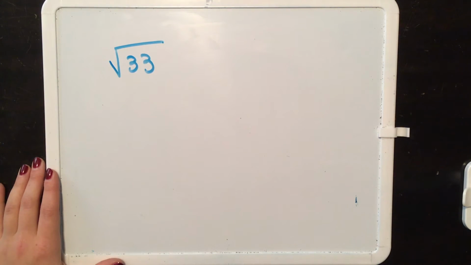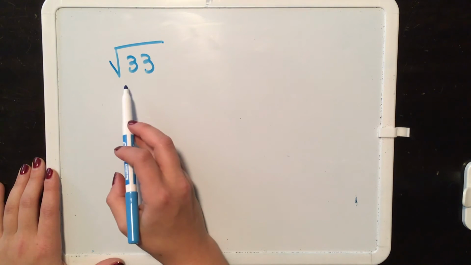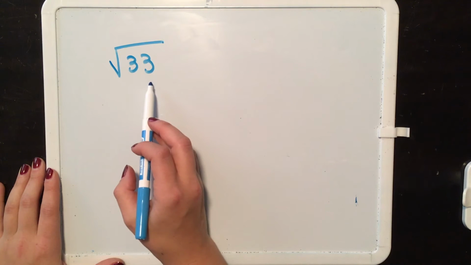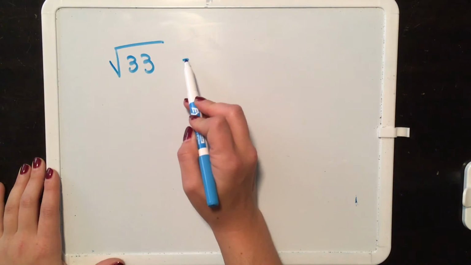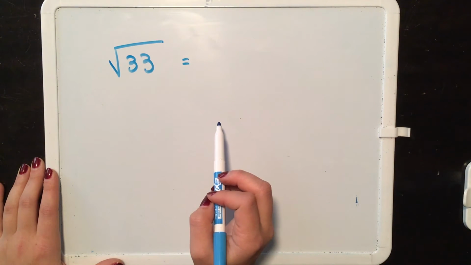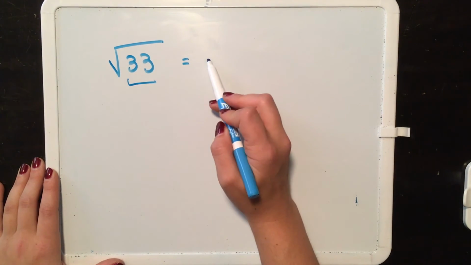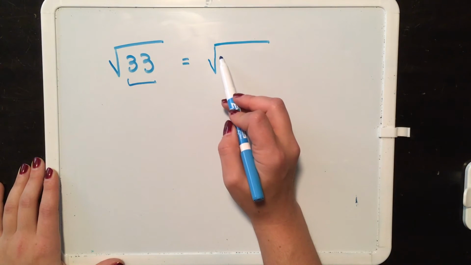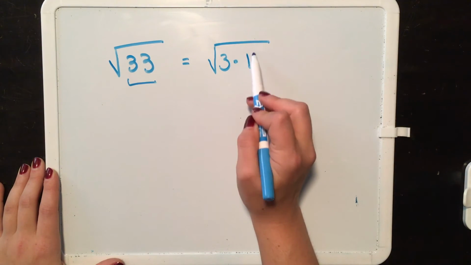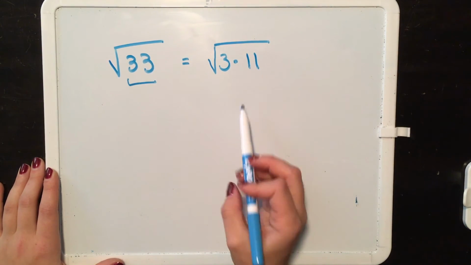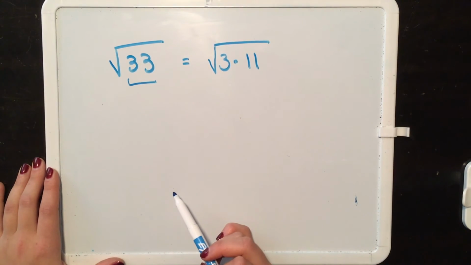I have one more example to show you that is rather trivial, but I think it's important to see. If we try to reduce the square root of 33, we can use the trick that we used before, and we try to break 33 into factors. 33 can break down into the square root of 3 times 11. And those are the only factors that are in 33.